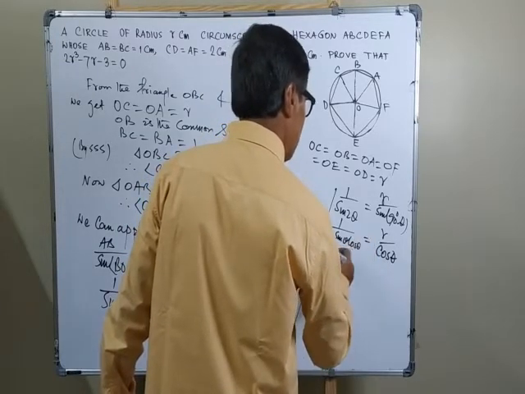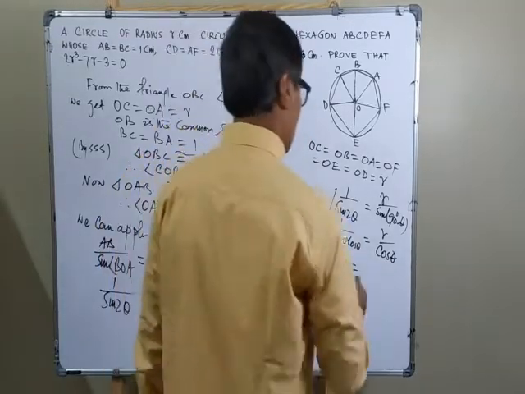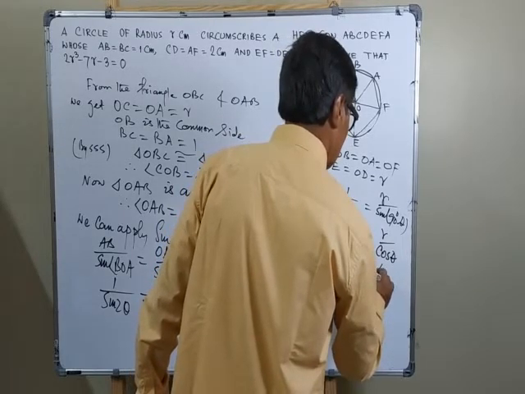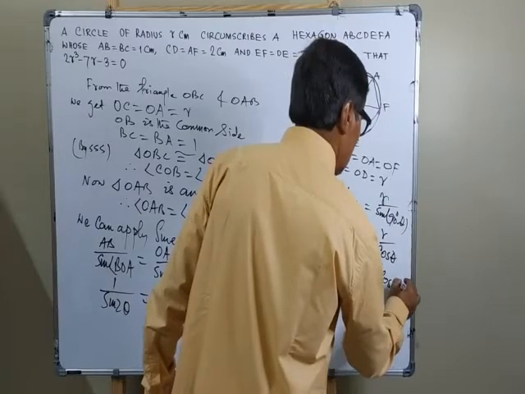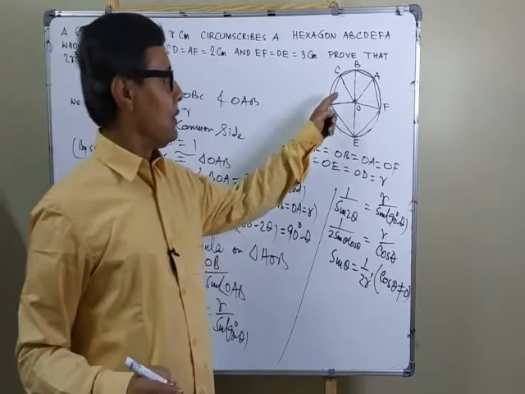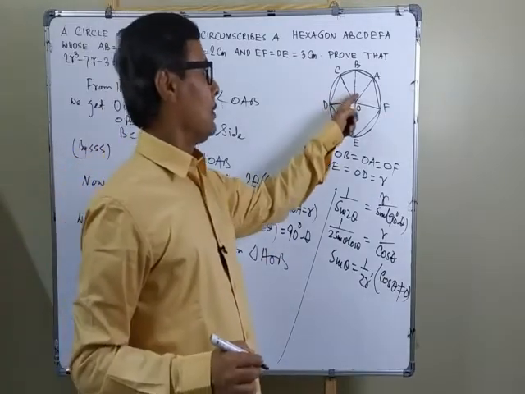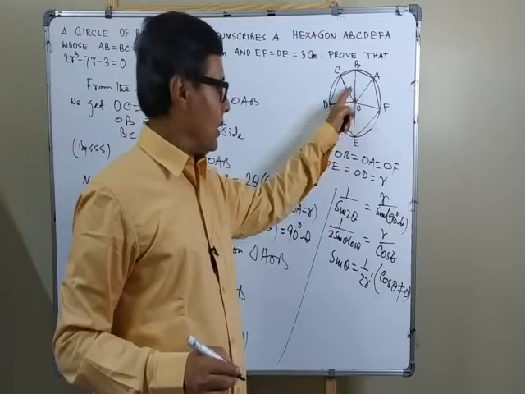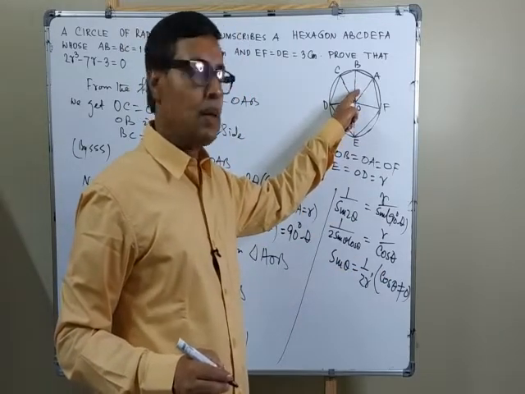So we can write sine theta is equal to 1 over 2R. Here cos theta is not equal to 0, because theta cannot be 90 degrees: BOA is 2 theta, and if theta were 90 degrees then 2 theta would be 180 degrees.